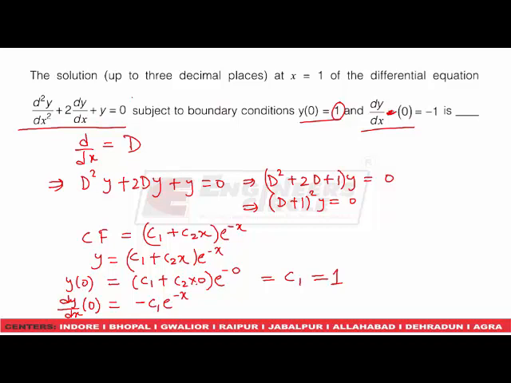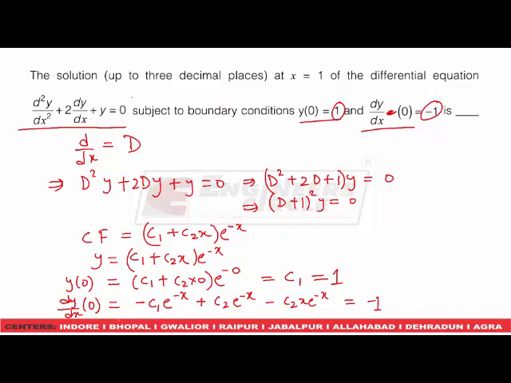Differentiation of c2 x e to the power minus x will be plus c2 e to the power minus x, keeping this constant and differentiating this. Further, keeping x constant, differentiating this, it will be minus c2 x e to the power minus x, and its value is given to us as minus 1.